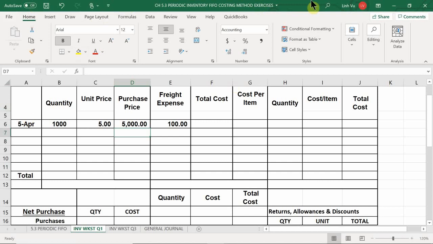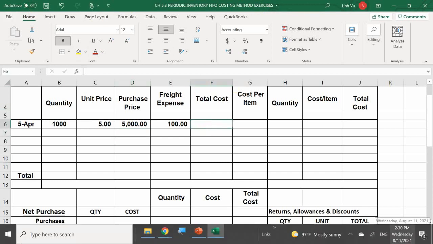So the next formula I'll be talking about will be my total cost, which is going to be my purchase price plus my freight expense. In this case, 5,000 plus 100 gives me a grand total of 5,100.